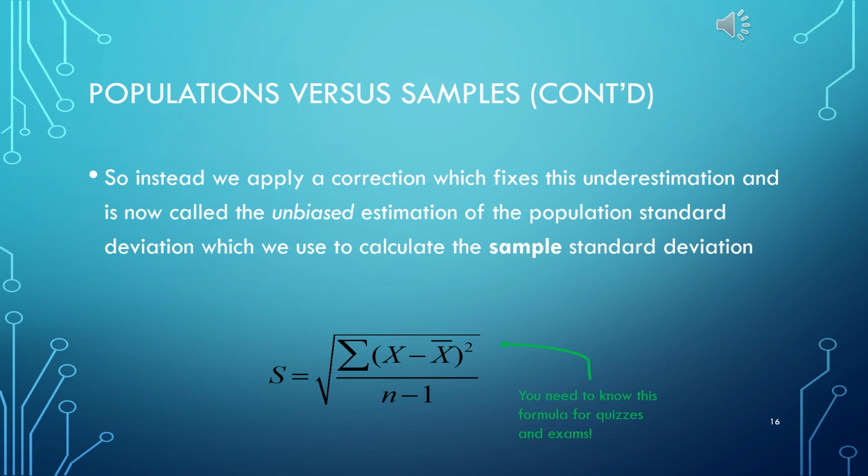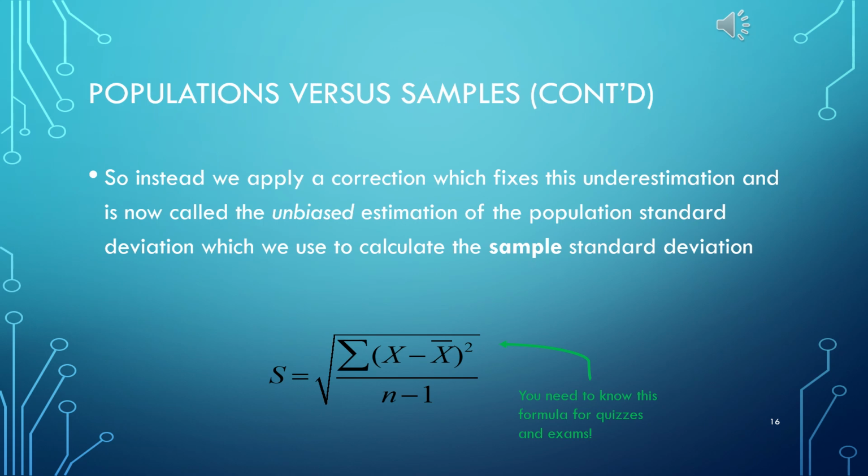In this case, we're applying a little correction, which is n minus 1 in the denominator. Functionally, that makes the denominator smaller, which makes the overall standard deviation a little bit bigger. And remember, that's a little fix because we were underestimating the standard deviation.